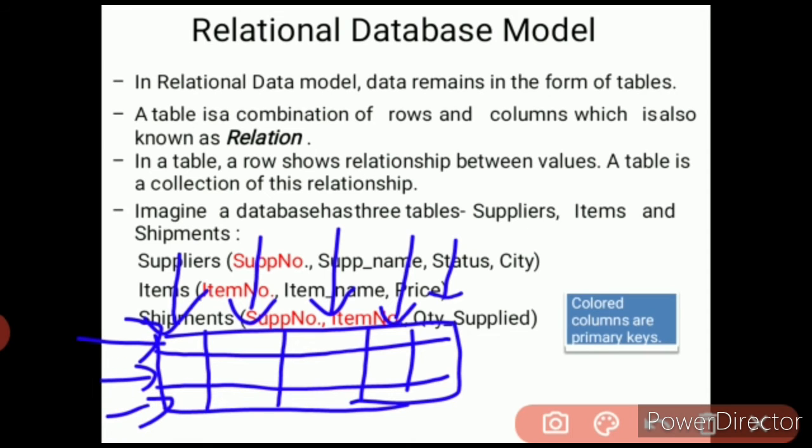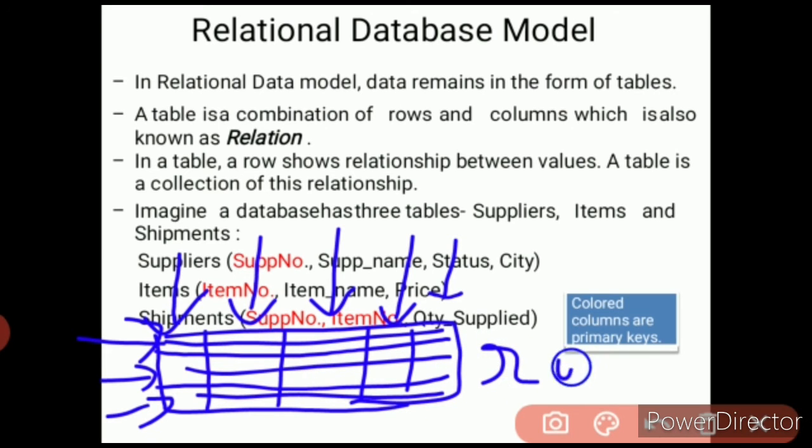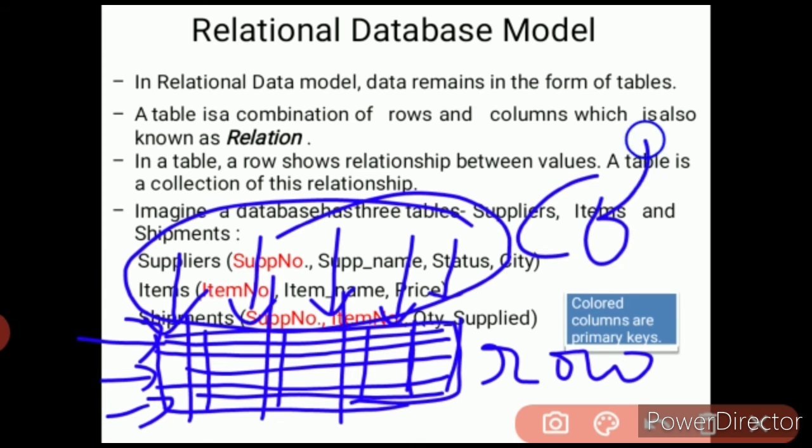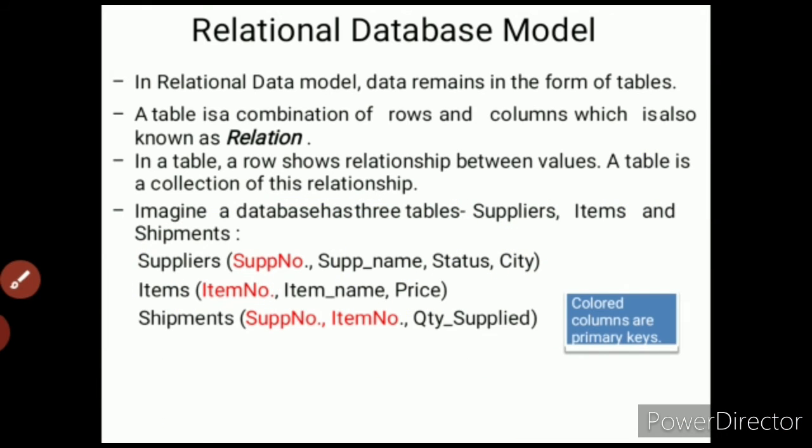So the horizontal area is known as the rows, whereas the vertical area is known as the columns, right? When we have the combination of these rows and columns, we can say it is a table, or a relation value.